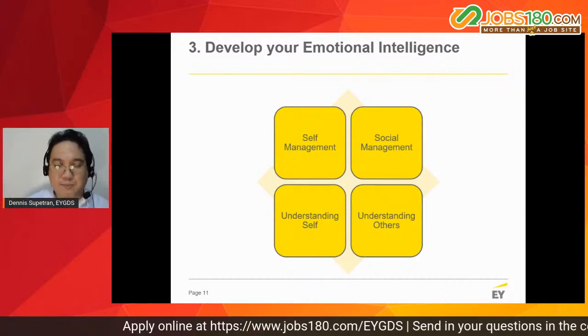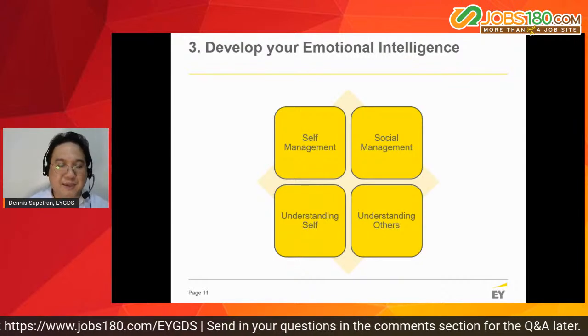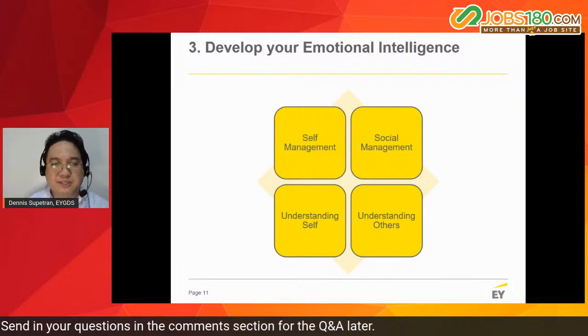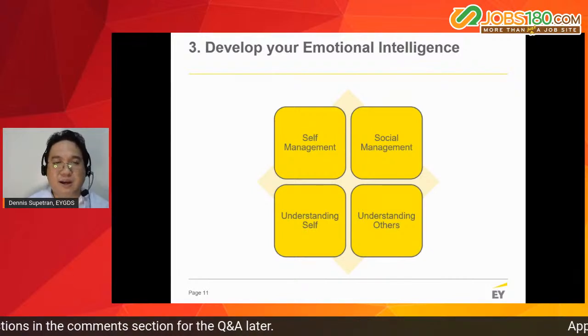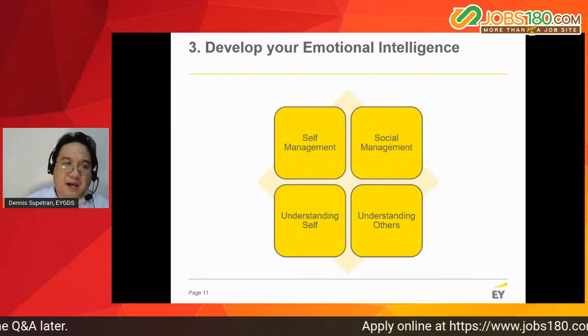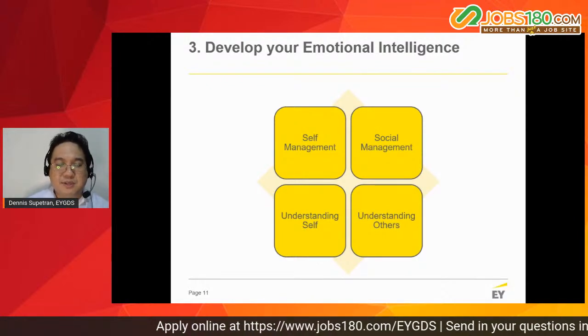Because more and more as we're progressing, not just during the time of the pandemic, but even way before that, tasks and deliverables have continuously evolved, getting more complicated and more demanding.